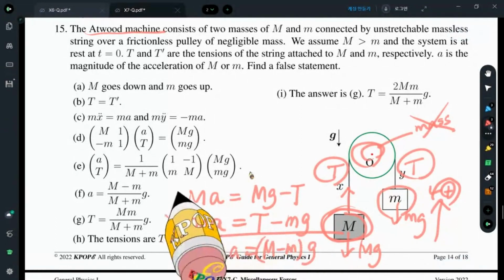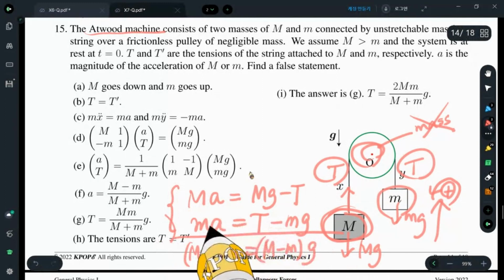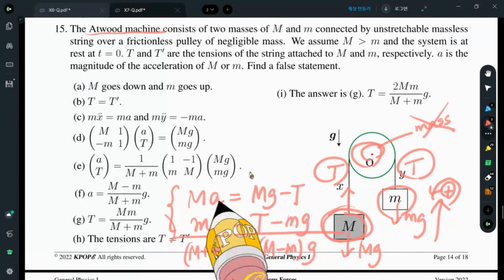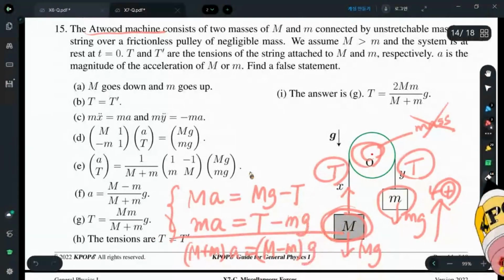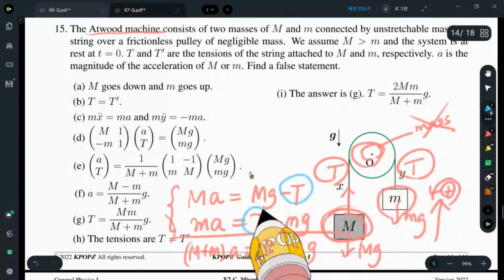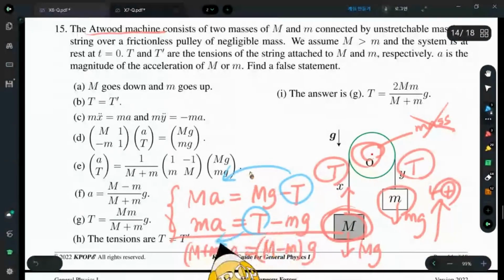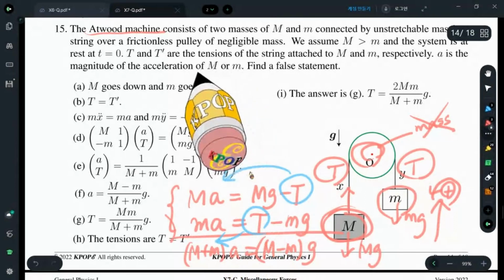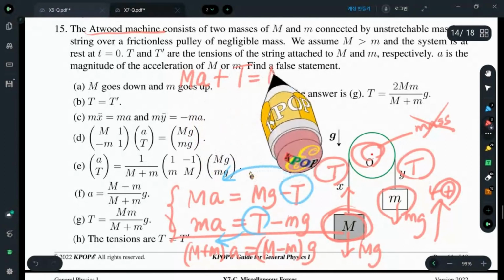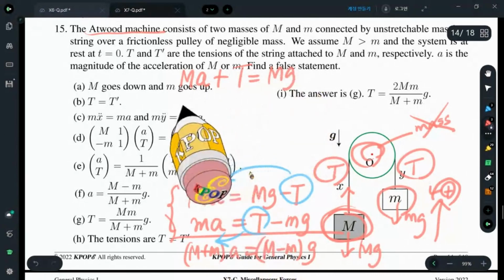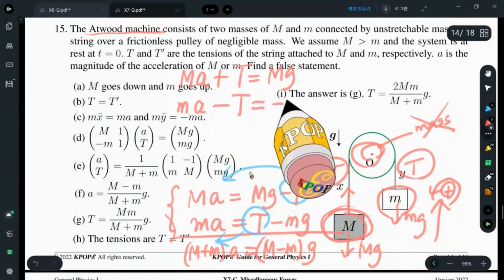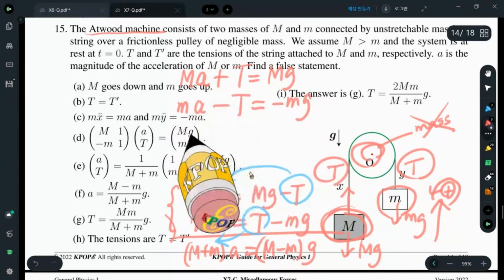But you can construct a linear equation from here. You find out a and T simultaneously. In that case, you just move these terms to the left-hand side and construct a linear equation: Ma plus T equals Mg, and small ma minus T equals minus mg.